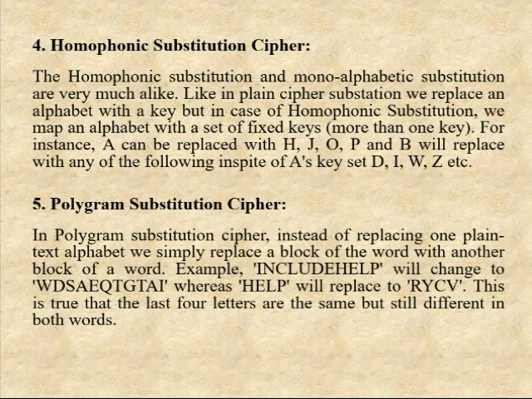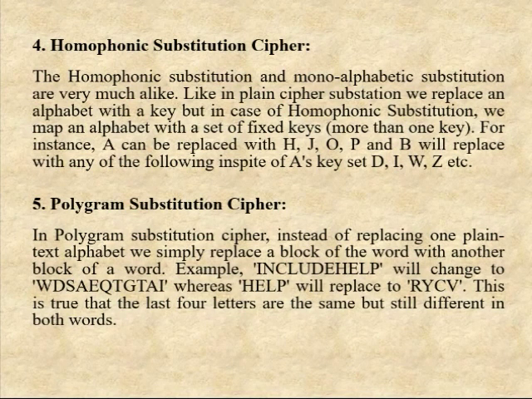The number of characters each letter is replaced by is part of the key. For example, E might be replaced by any of 5 different symbols, while the letter Q may only be substituted by one symbol. For instance, A can be replaced with H, J, O, P, and B can be replaced with any of the letters D, I, W, Z, etc. This is the homophonic substitution cipher.